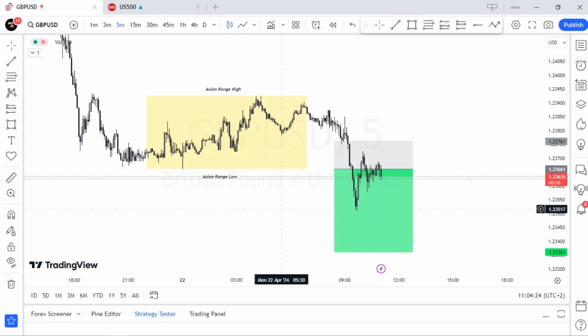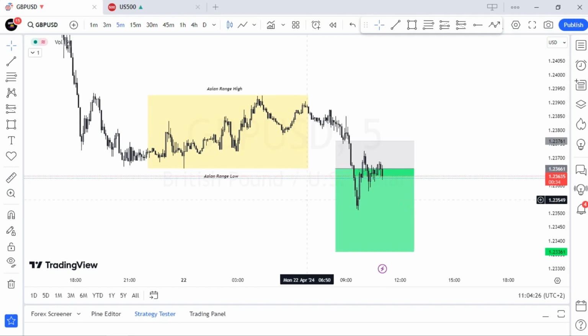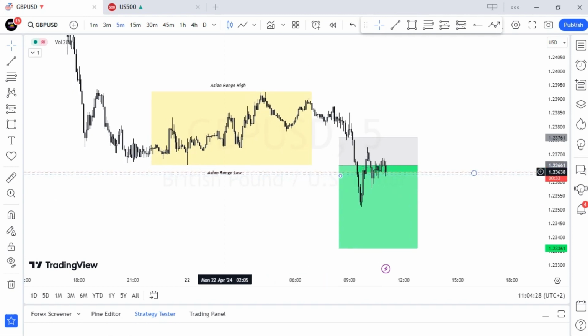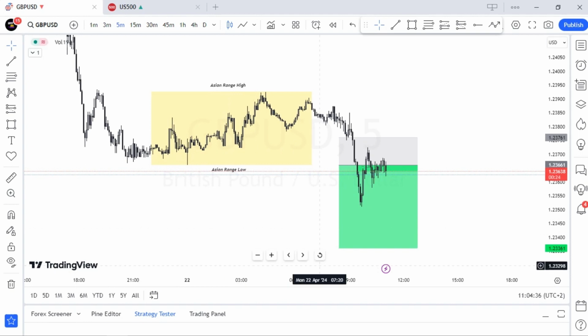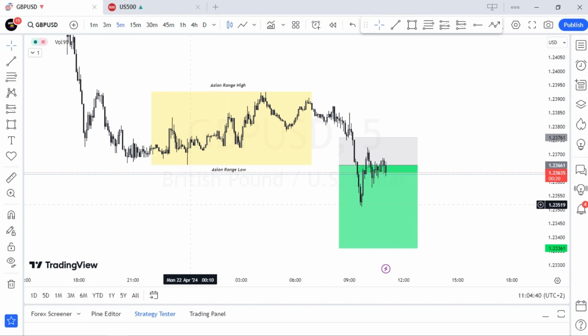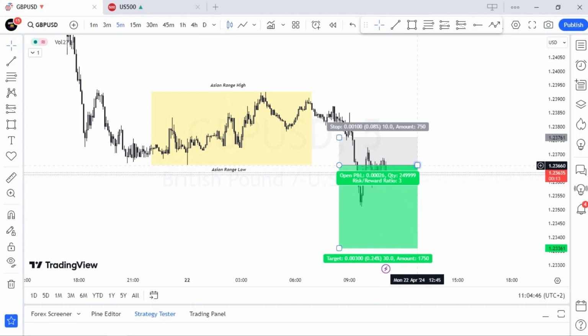It's the one that we broke, indicating the trend for the session, if I may say, because I also use that as an indication. It really helps. So yeah, now we'll have to wait for the trade to play out.